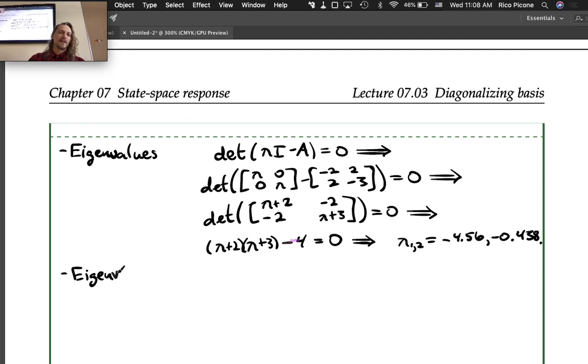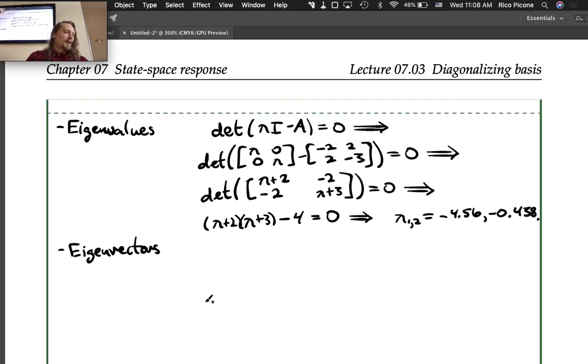So now we need to find the eigenvectors. We find them by looking at this problem, lambda I minus A times an eigenvector is equal to the 0 vector.